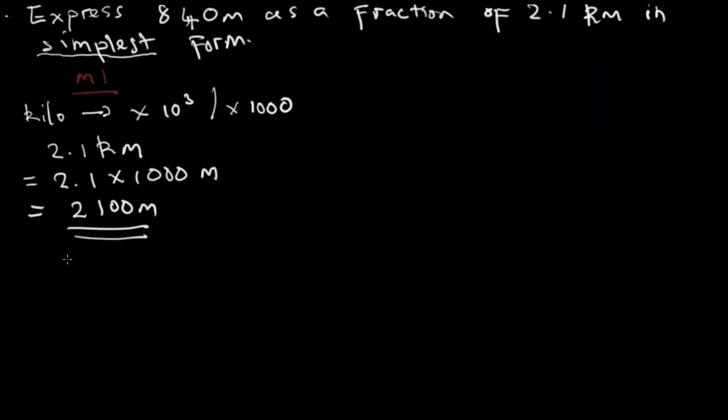We have already converted. Look at how special this method is. But it applies to those who know what the prefix kilo means. And I do not encourage it because if you make a mistake and instead of saying it's 10 to the power 3, you say maybe it's 10 to the power 4, you have destroyed everything and you lose all the marks because of wanting to take shortcuts. So shortcuts are encouraged, but they are not encouraged.